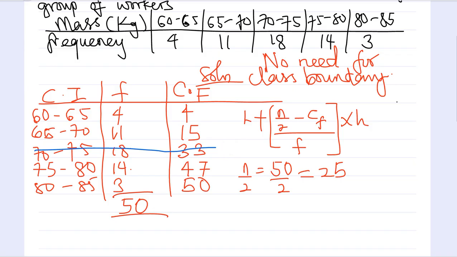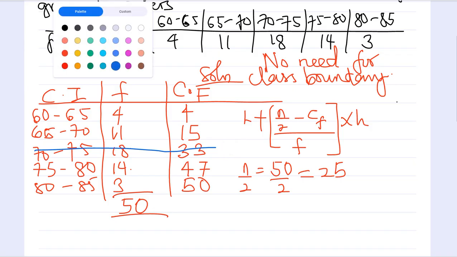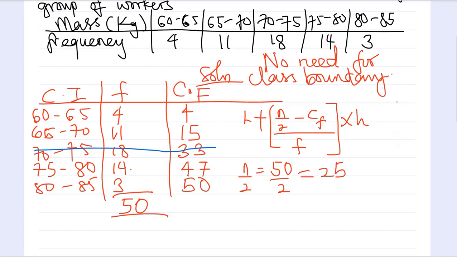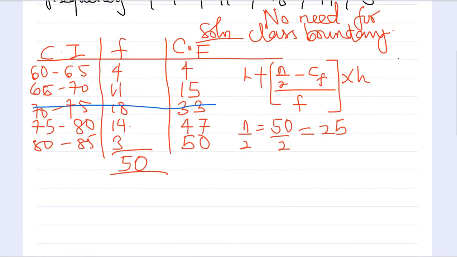So we already have our median class. Now let's continue our calculation. Our L, the lower boundary of the median class, is 70.